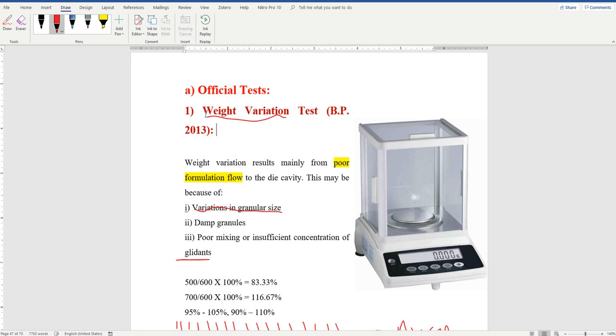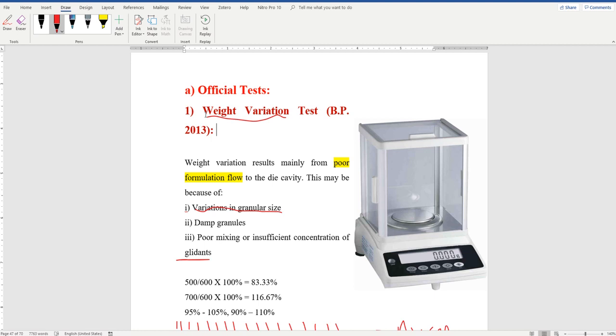I mean, if there is a large difference in the weights of the paracetamol tablets, then also there will be difference in the contents. Why? Because most of the tablet is made of drug.